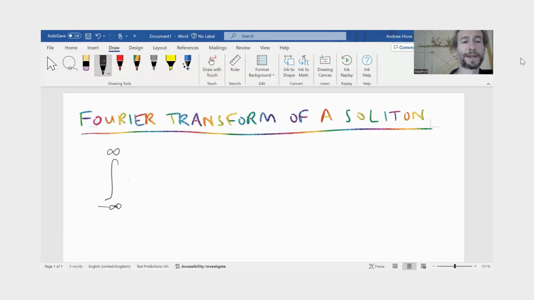And the neatest way to write it is, so it's a complex integral in general, which looks like this. So the problem we're trying to work out is this. Typically, we're going to be interested in the case where k, which you can think of as a wave number, is real valued.